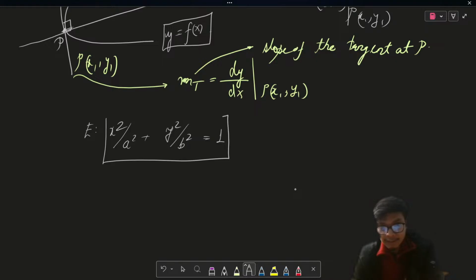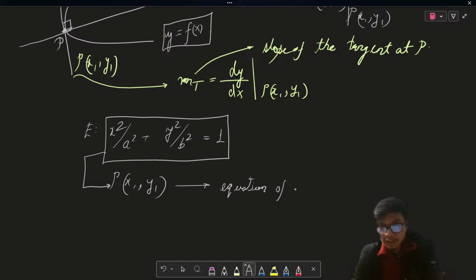That is my standard equation of the ellipse. If I take any point x1, y1 and I want to formulate the equation of the normal, first of all I will have to find the slope. So I will just differentiate it and find dy by dx at this particular point.